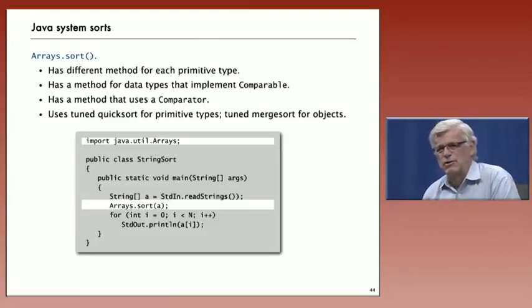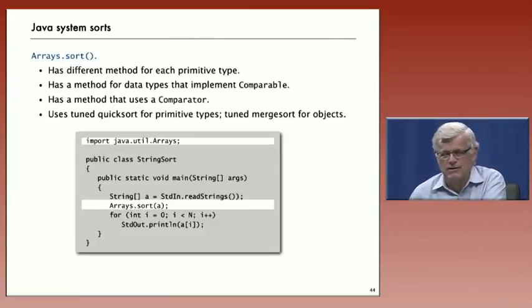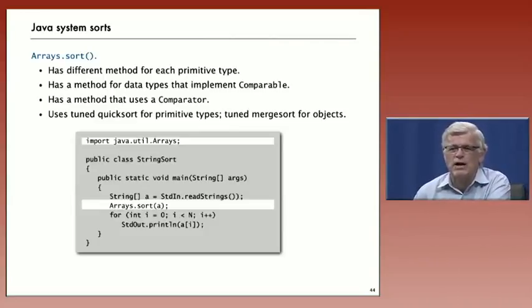So Java has a method called Arrays.sort, and it's intended to be a general purpose sorting method for use by Java programmers. Now that you have some understanding of the classic methods, you can have a better idea of why Arrays.sort is the way that it is.